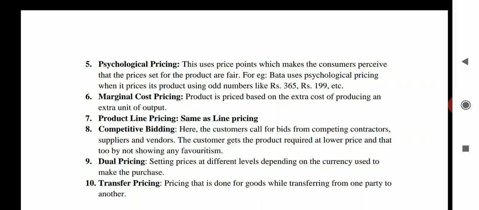Next is competitive bidding. Competitive bidding is done where a customer approaches or requests different sellers to bid. So they start bidding. These different sellers start telling, I will charge this much for this product.